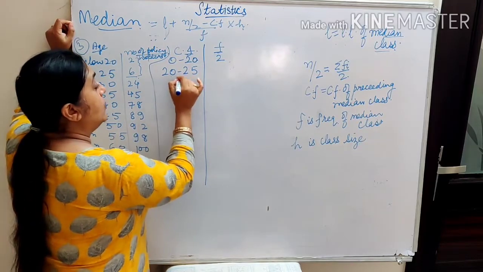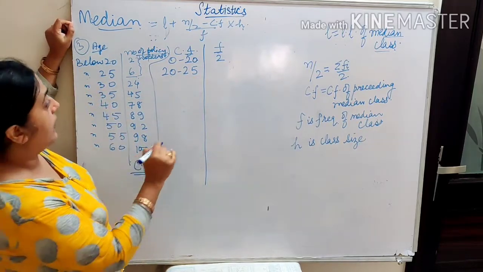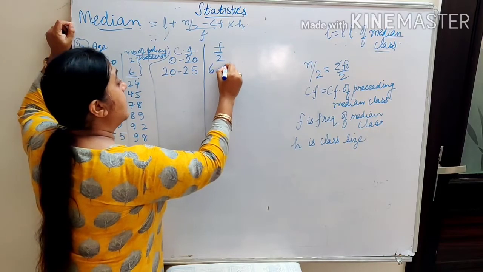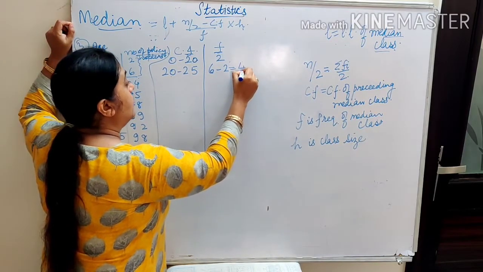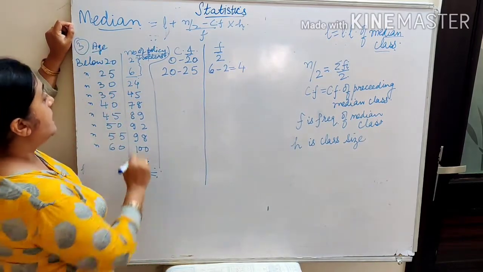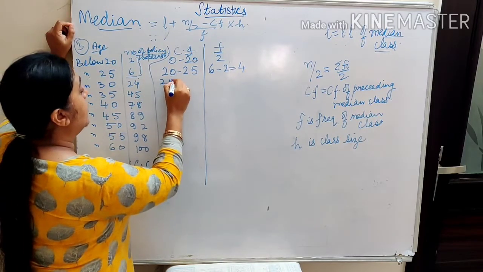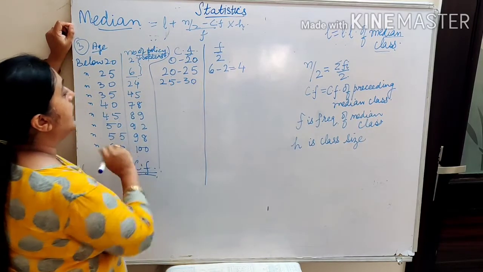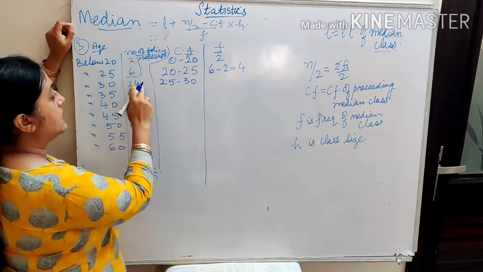So if I want to find out 20 to 25, it will be 6 minus 2, that comes out to be 4. Right? Similarly, when I am writing for 25 to 30, the total is 24.